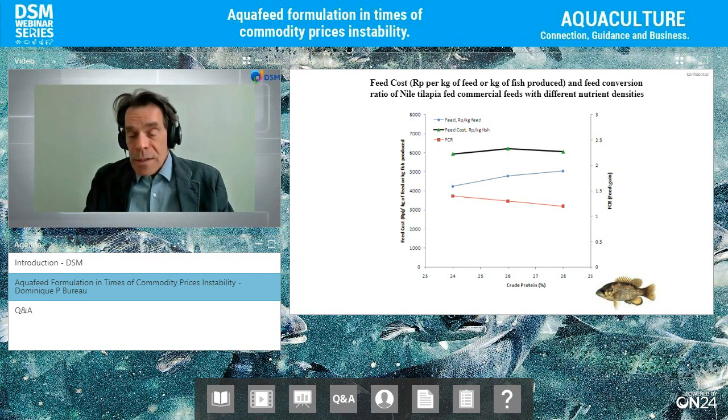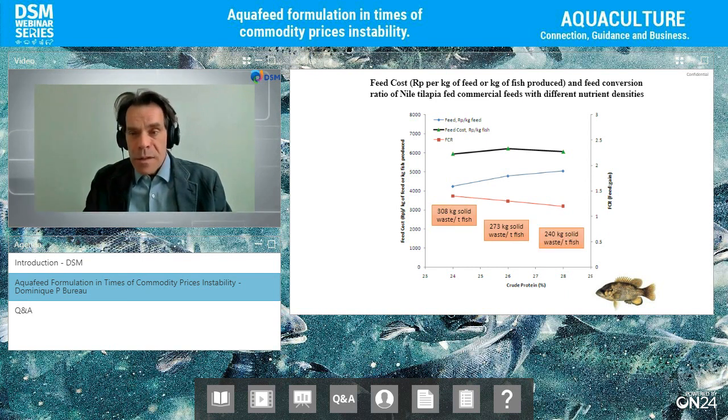In other cases, if you're, for example, operating in a research system or you're under very high density conditions and your water quality can deteriorate rapidly with the waste, well, your feed quality is not just the amount of feed that you're feeding and the cost, it's also the amount of waste that is produced.